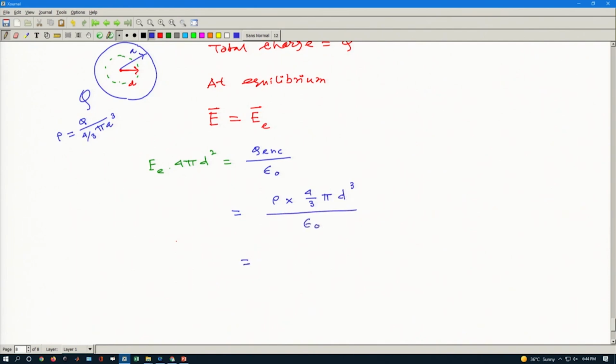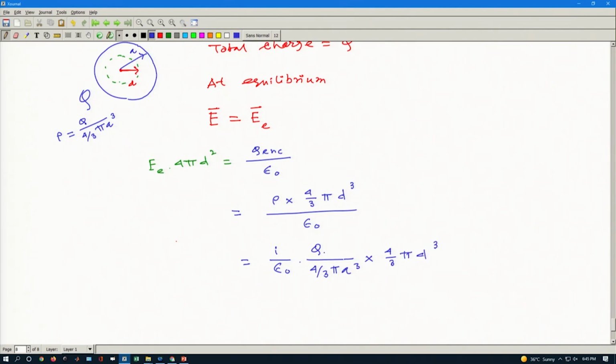Now let us put in the value of the charge density: 1 divided by epsilon 0, rho is total charge Q divided by 4 by 3 pi A cube, multiplied by 4 by 3 pi d cube.